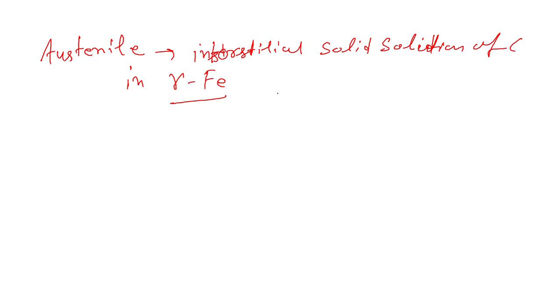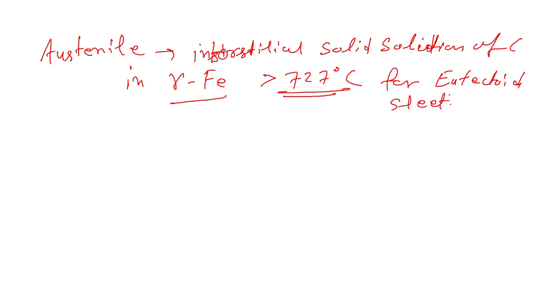It exists above 727 degrees centigrade for eutectoid steel containing 0.77% carbon.